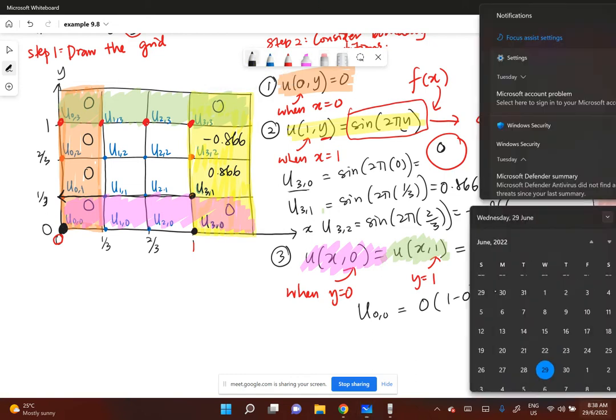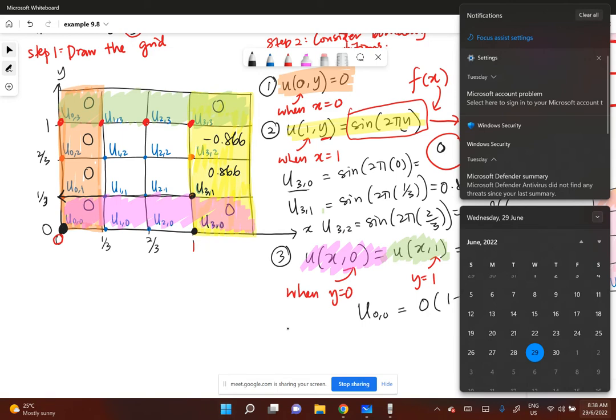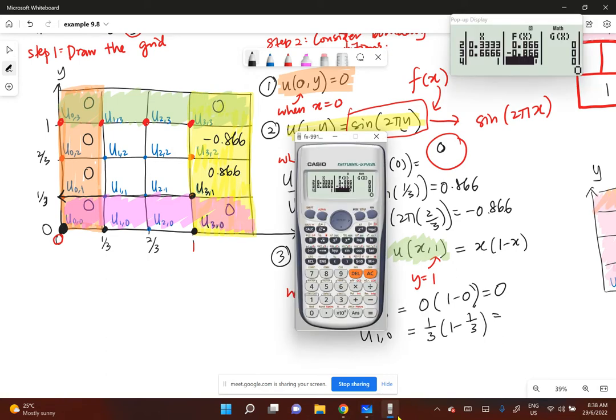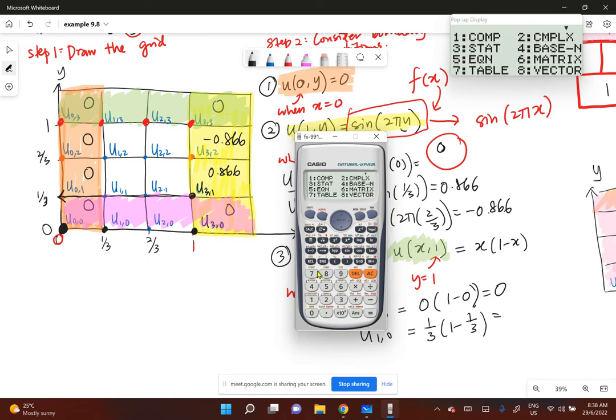So here this is 0. And when you have 1, 0 here, that means the x value is 1 over 3, 1 minus 1 over 3, like that. So equal to what? If I want to use a table, you just use the table. Let's say I use table 7.